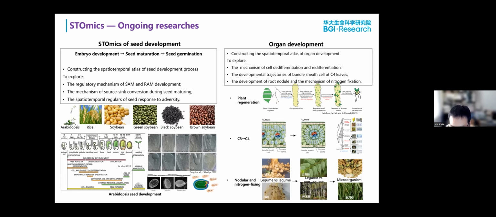Additionally, we are also constructing the spatial-temporal atlas of important developmental processes to explore the mechanism of cell differentiation and redifferentiation, the developmental trajectories of bundle sheath cells of C4 leaves, the development of root nodules, and the mechanism of nitrogen fixation.